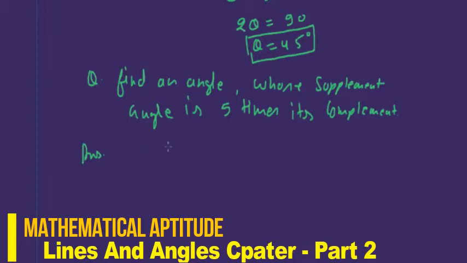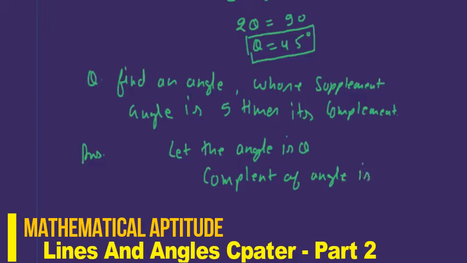Let the angle be theta. The complement of angle theta is 90 minus theta, and the supplement of the angle theta is 180 minus theta.